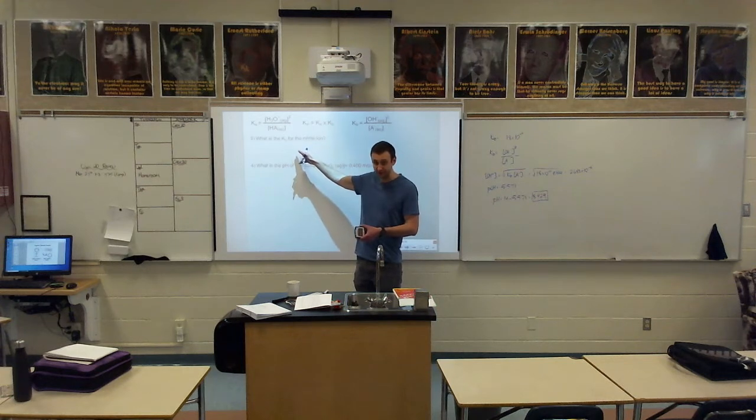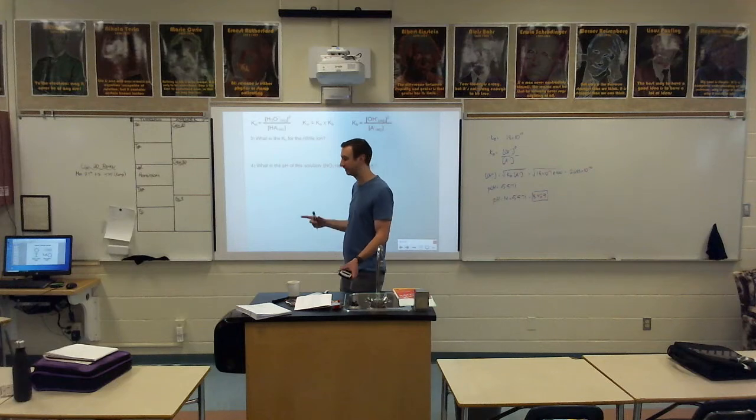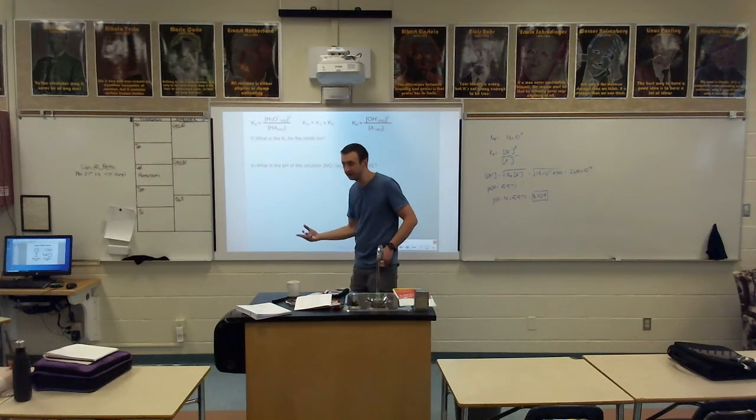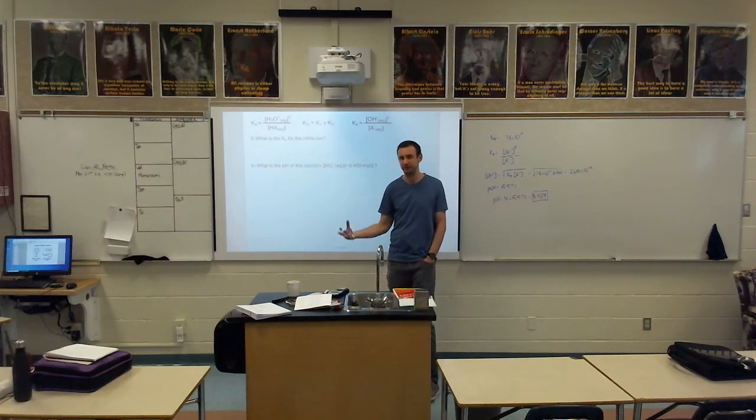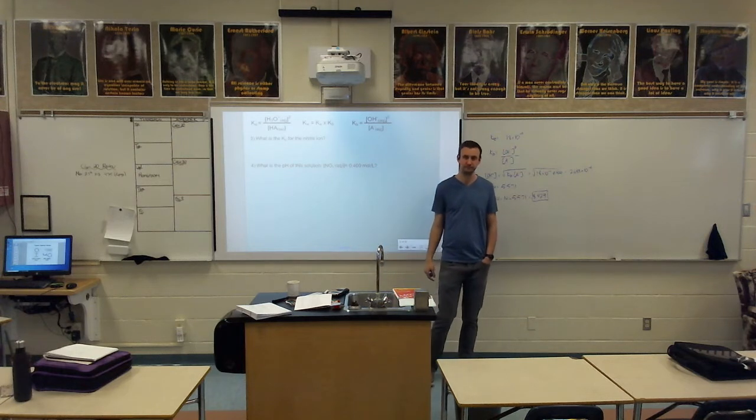So this is a base. Nitrous acid is an acid, right? So you have to use the Kb to hydroxide, to POH, to pH. So for a base, you always have to use Kb. For an acid, you always have to use Ka if it's weak. Good for that? Yeah, okay.